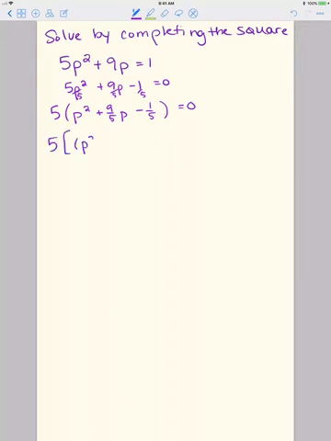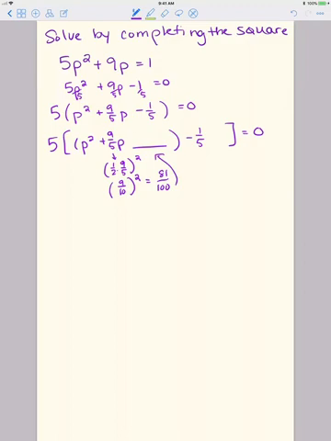We'll put the p squared plus 9/5 p, leave a space, minus 1/5, leave another space, and then we'll find that magic number, which is half of 9/5 squared, and that's 9/10 squared, which is 81 over 100. So we add 81 over 100, and we subtract 81 over 100, and then we get to play cleanup.